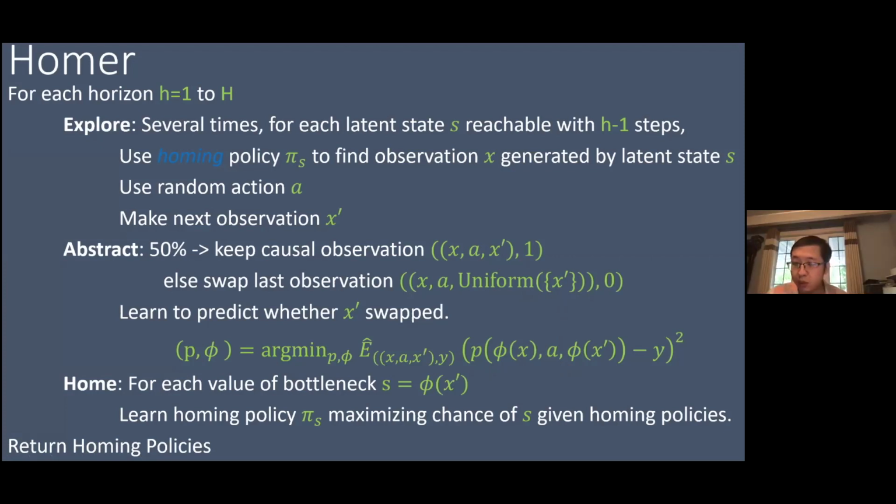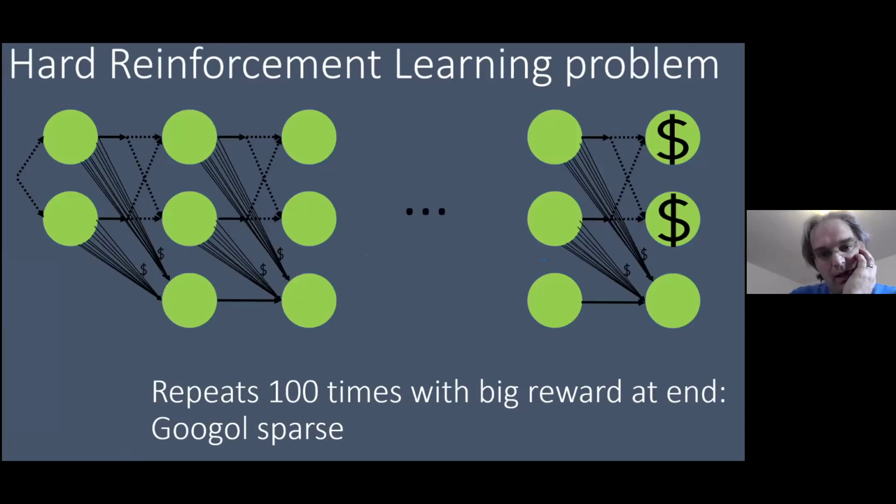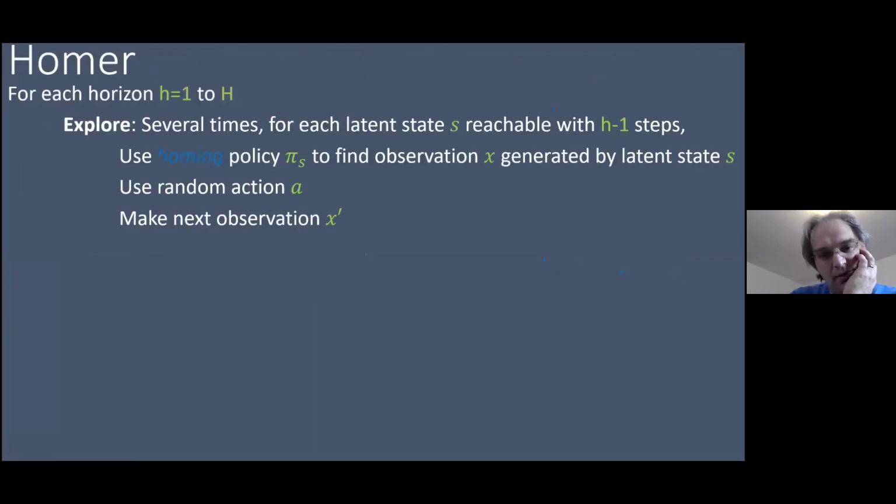Thank you. The next question is, would it be right to say that Homer's success would depend to a large degree on how noisy Q of x given S is? I believe the answer is yes.